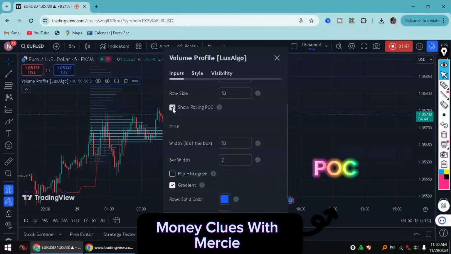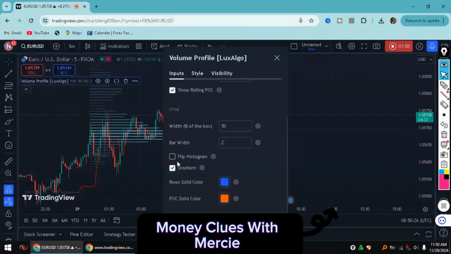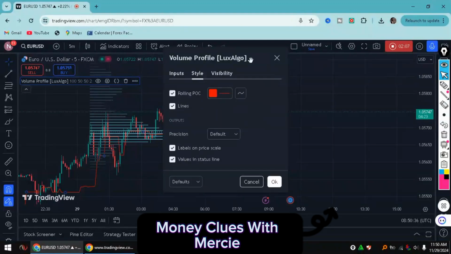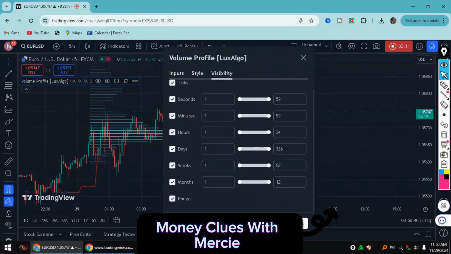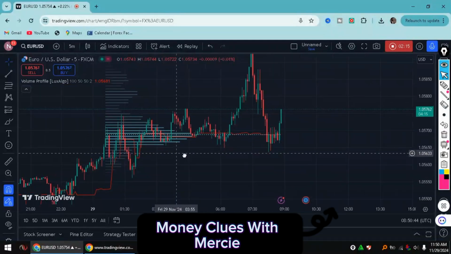As you know, POC represents point of control, so it is very important. Therefore, deactivate the flip histogram if it is on, activate the gradient, then leave the rest at default settings as well. Styles, leave them as default settings, visibility in default settings. Then you click on OK. Once you click on OK, we will have it right here, as you can see.